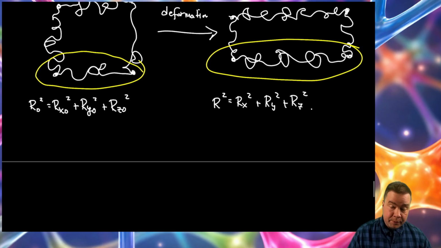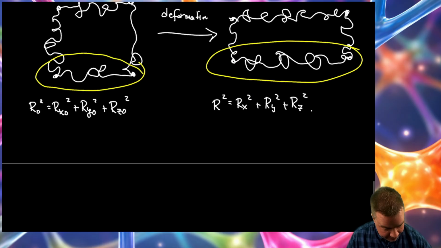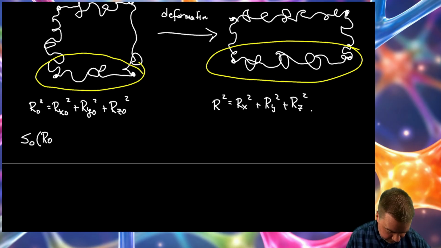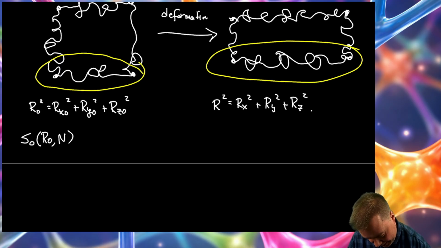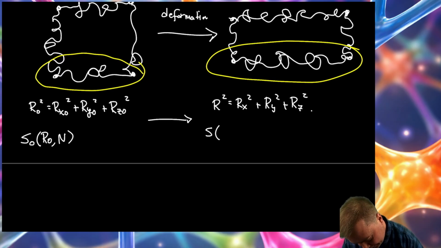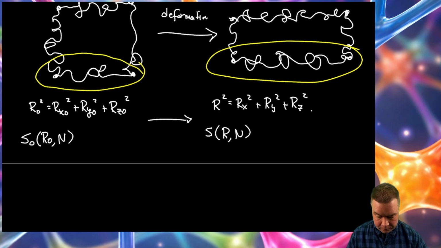Okay, so again, before the deformation, we can write the entropy of this strand. So this single strand has an entropy S0, which is a function of a chain that has R0 and N segments. And then again, we deform it. After the deformation, this polymer chain has an entropy S of R and N, same number of segments.